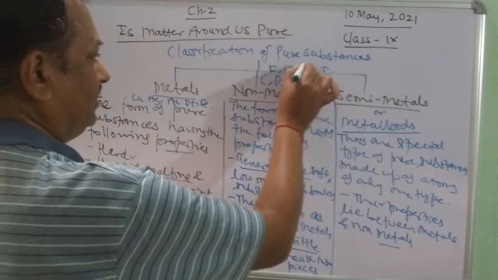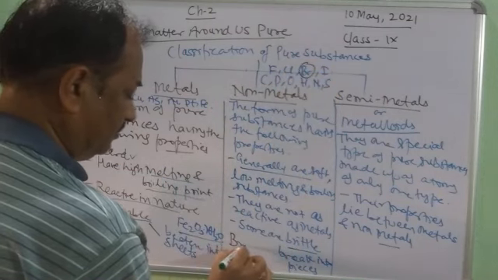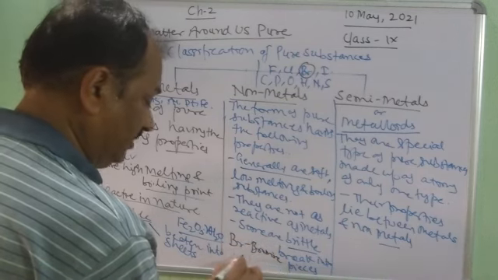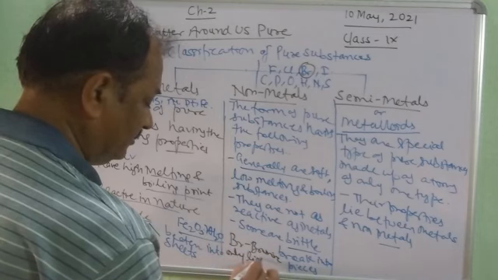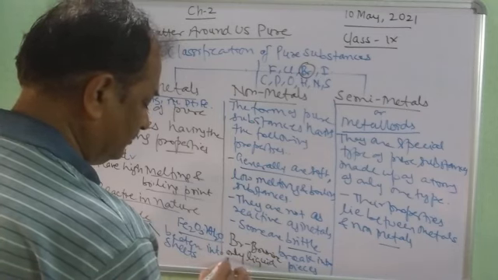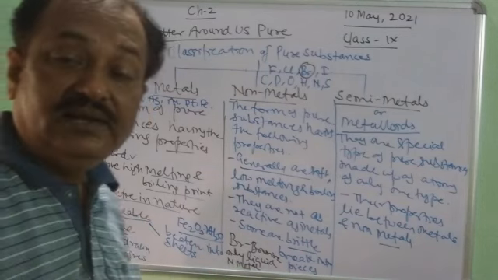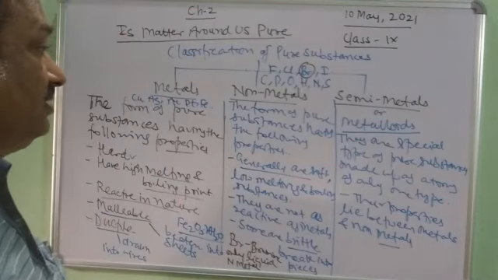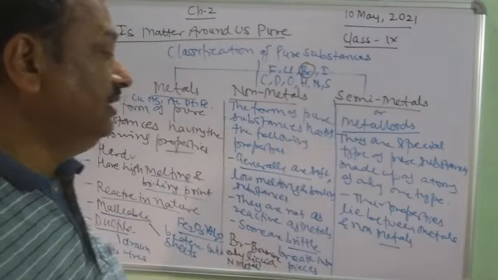This bromine, Br, is the only liquid non-metal. So this is about the non-metals examples. Then coming to semi-metals.